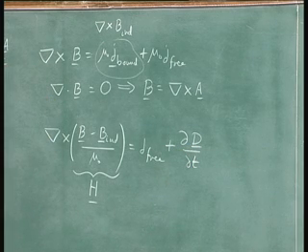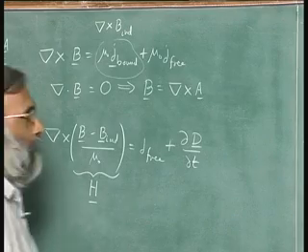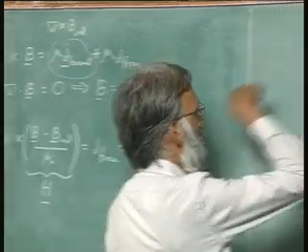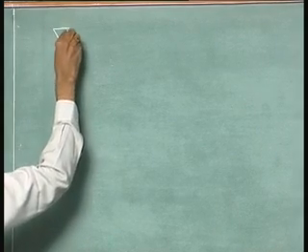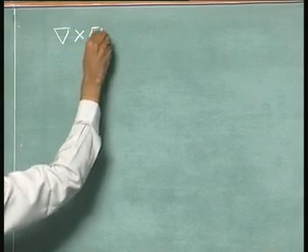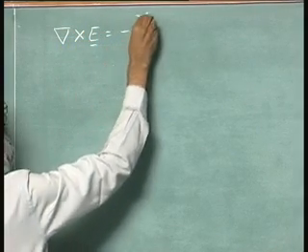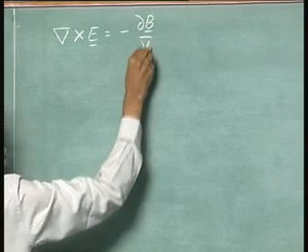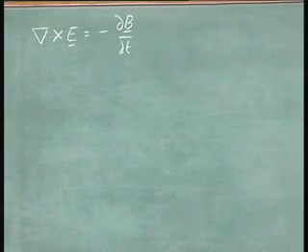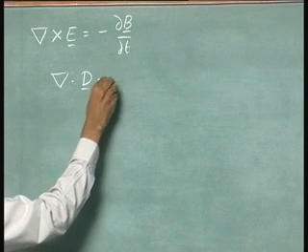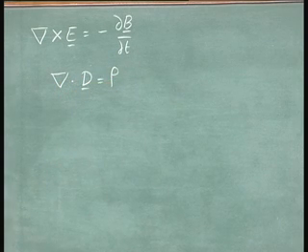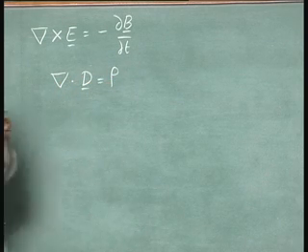So, that gave us the final system of equations, and let me write them down once so that we can see them. Curl of E is equal to minus del B del T, Faraday's law. Divergence D is equal to the free charge, Gauss's law.